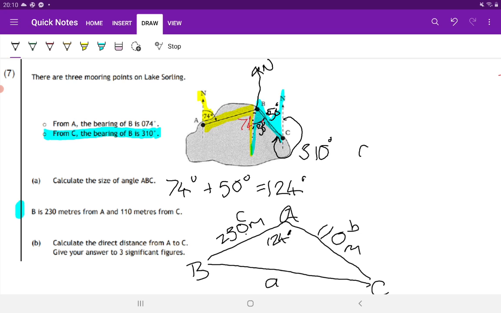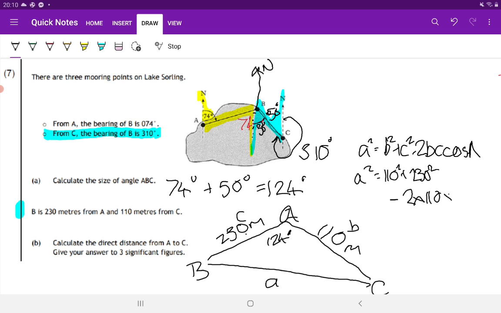So A squared equals B squared plus C squared minus 2BC cos A. So A squared is 110 squared plus 230 squared minus 2 times 110 times 230 cos 124.